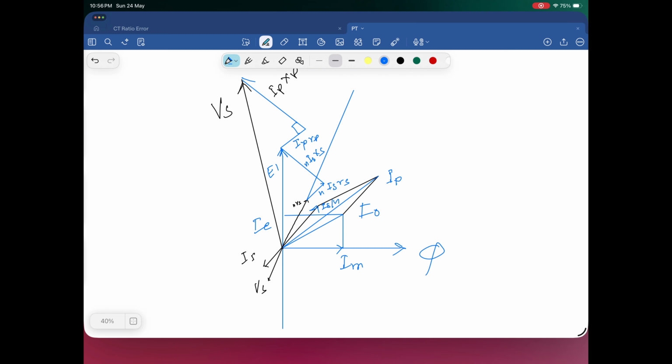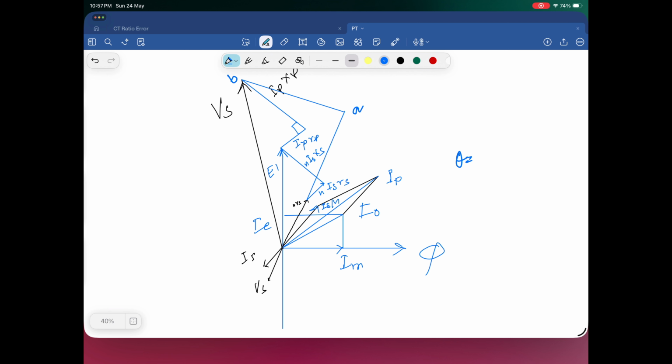Then we will draw a perpendicular line from that point. This is O, this is A, this is B. So from B we will draw a perpendicular line.